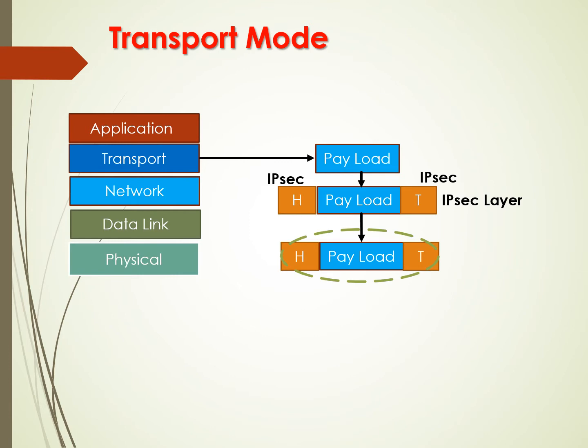The green circle says that it is encapsulated, or in another way, encrypted. Then we add one more field, the IP header, the Internet Protocol header.